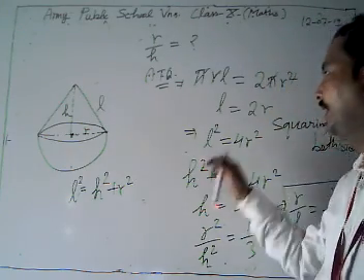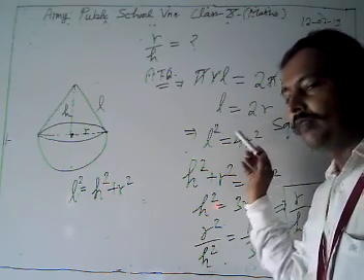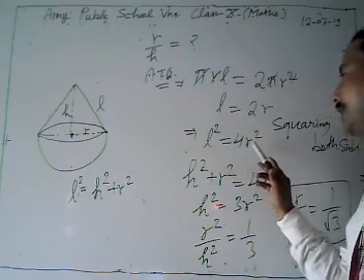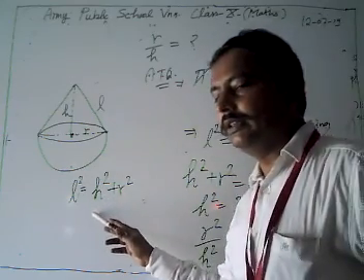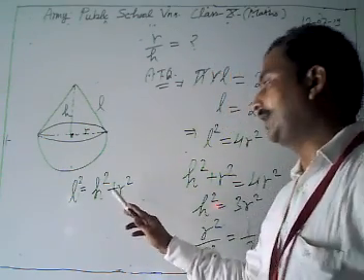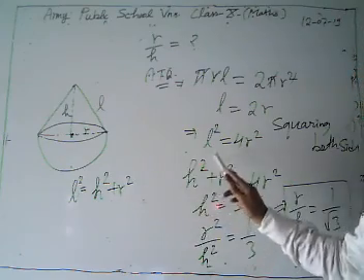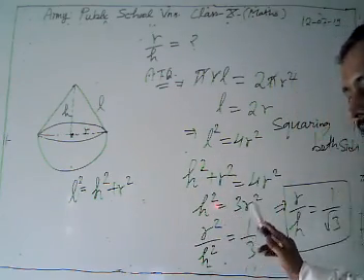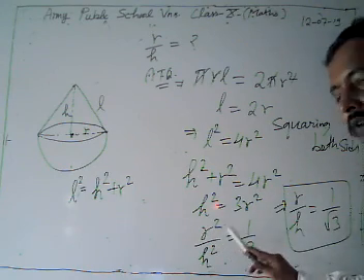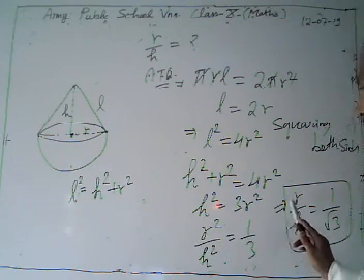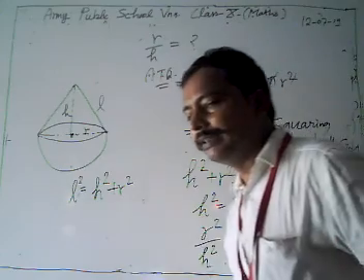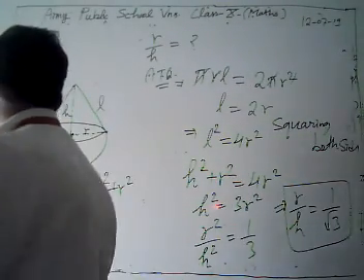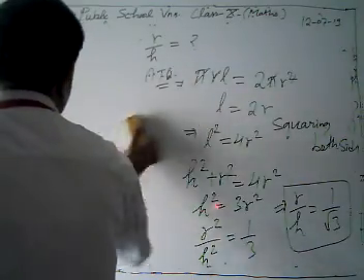After solving, we get the relationship L is equal to 2r. Then we square this relationship: L square equal to 4r square, but L square is equal to H square plus R square. Substituting the value of L square, H square plus R square, and solving, we get H square equal to 3r square, or R square by H square equal to 1/3. Then the ratio of R by H is 1/√3.